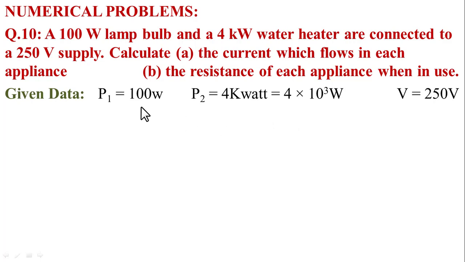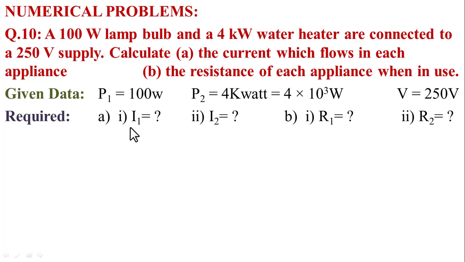Power P1 is equal to 100 watt, power P2 is equal to 4 kilowatt, that is equal to 4 multiplied by 10 raised to power 3 watt, because 1 kilo is equal to 10 raised to power 3, and voltage V is equal to 250 volt. Now we are required to find current I1 and I2, and resistances R1 and R2.